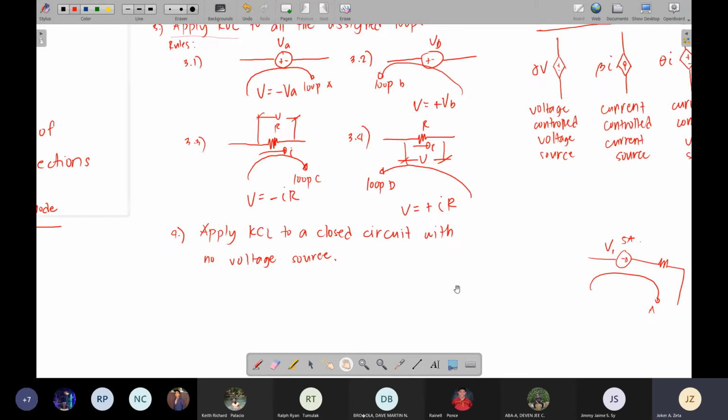Kuwangan din, no? Apply KCL to a node, dili to a closed circuit. Apply KCL to a node.